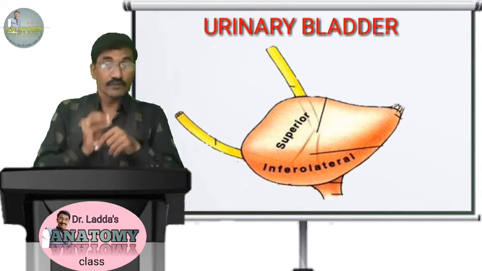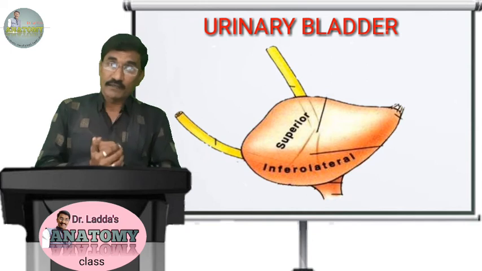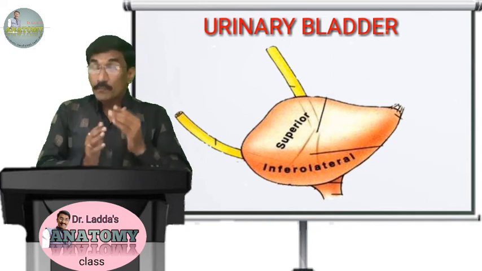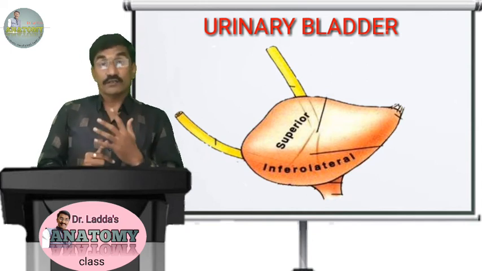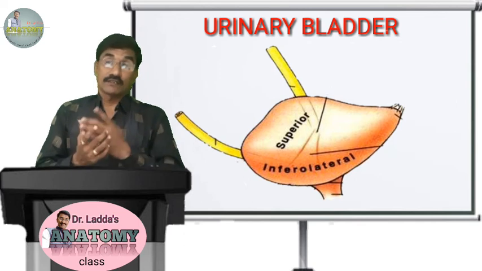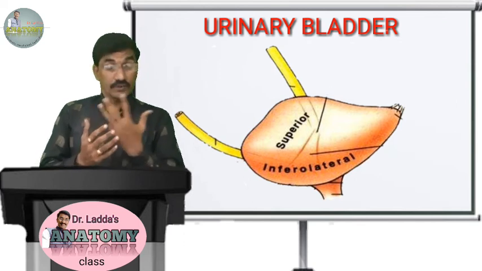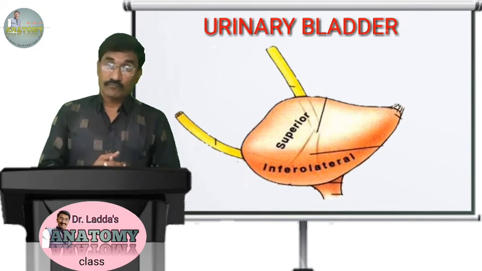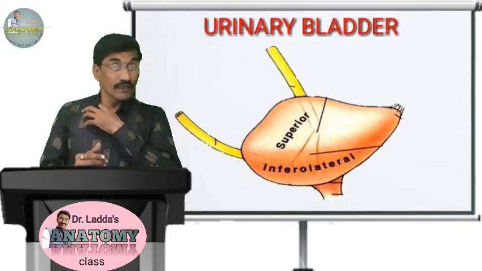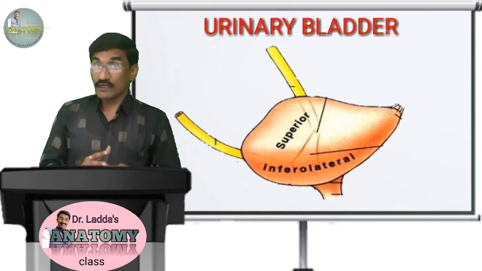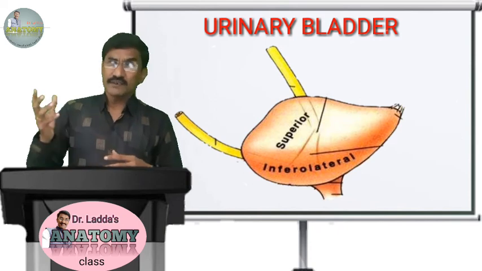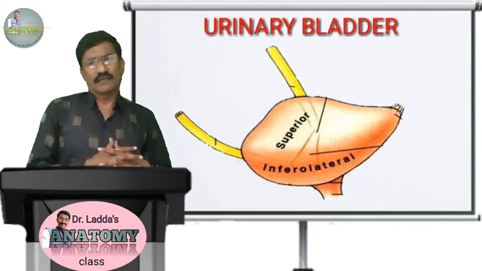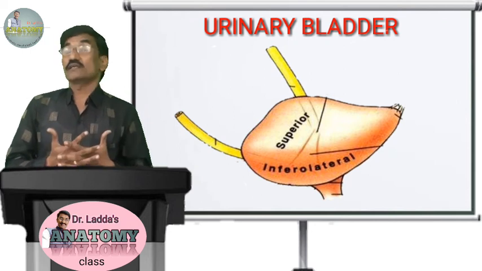Some residual urine remains in the bladder, and that residual urine causes infection or inflammation of the bladder, called cystitis. Third applied anatomy is the vesical stone, meaning a renal calculus in the bladder, and a bigger calculus can cause problems too. So this is the applied anatomy.